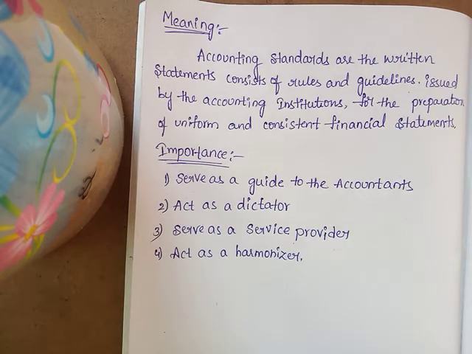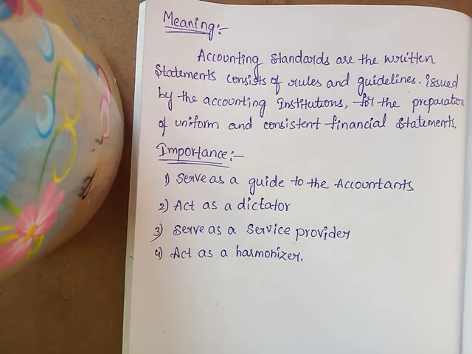So the first one is serve as a guide to the accountants. Accounting standards serve the accountants as a guide in the accounting process. Accounting process means first recording transactions in the journal.